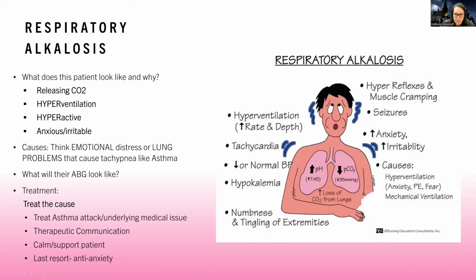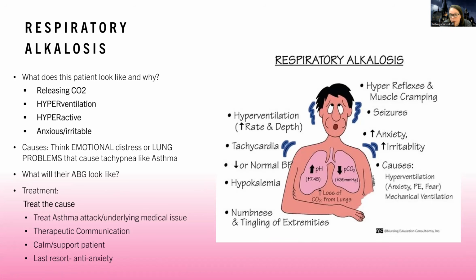Their ABG is going to look similar in that it's opposite, except this time the pH is up. Remember, respiratory acidosis, pH was down, CO2 is up. Now, alkalosis, pH is up, so therefore CO2 is down. So remember, we're always going in opposite directions with pH and CO2 when we have a respiratory problem. So how are we going to fix this?